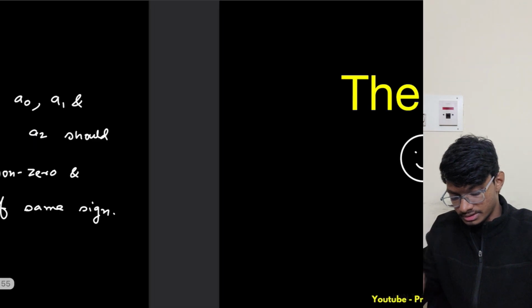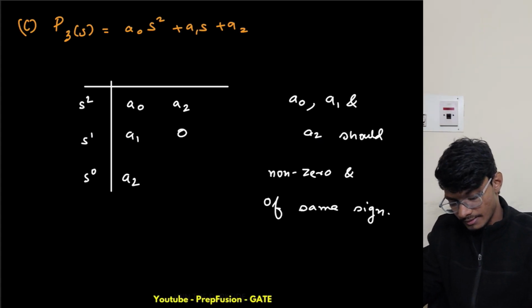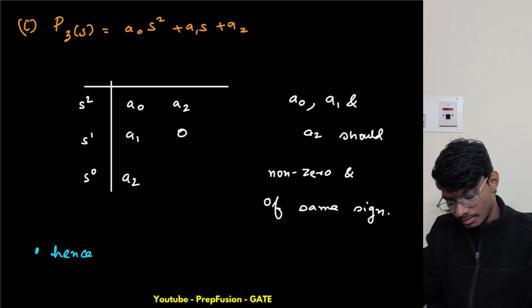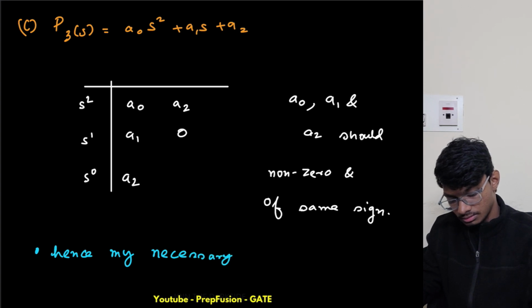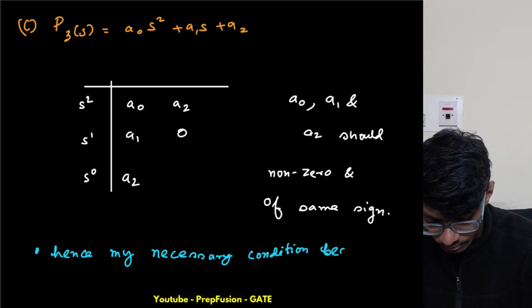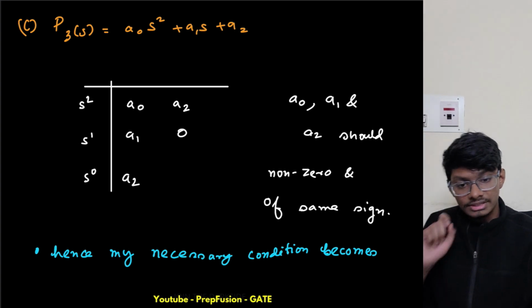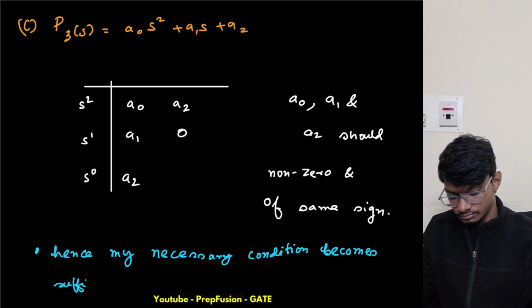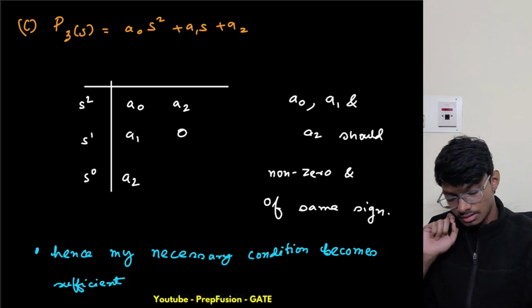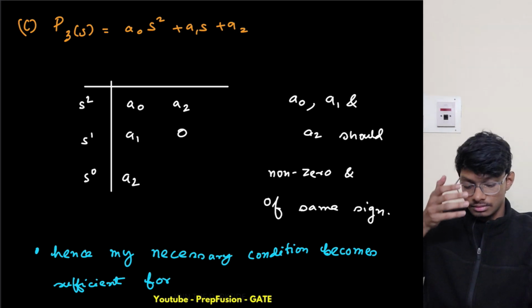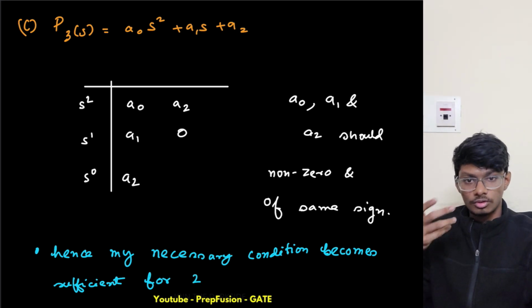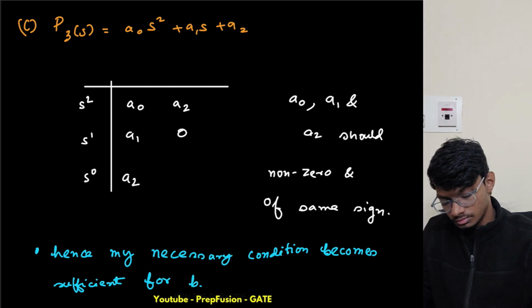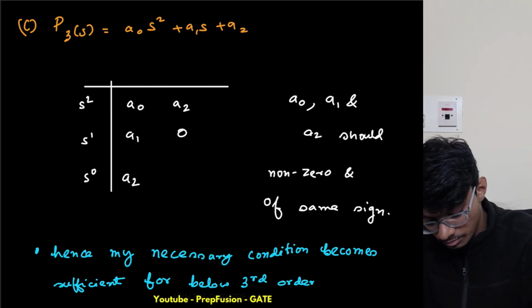So what I can write over here is, hence, my necessary condition becomes sufficient for second order and lower order polynomials, for below third order polynomials.